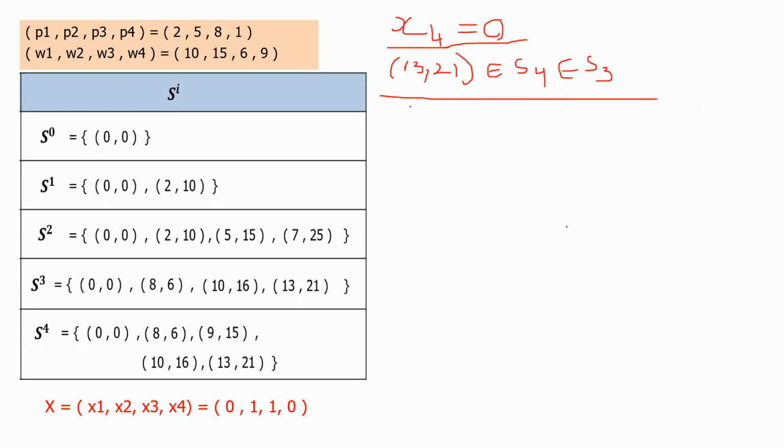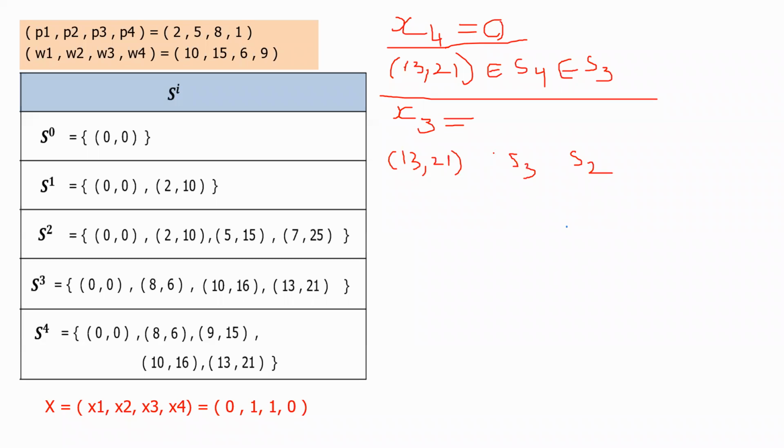Then I'll make a decision on the third object, whether I'll include this object into the bag or not. For that, I'm going to make a decision by checking set number 3 and set number 2. The same item 13, 21, I'm going to check and find out whether it belongs to S4 or not, whether it belongs to S3 or not, and whether it belongs to S2 or not.